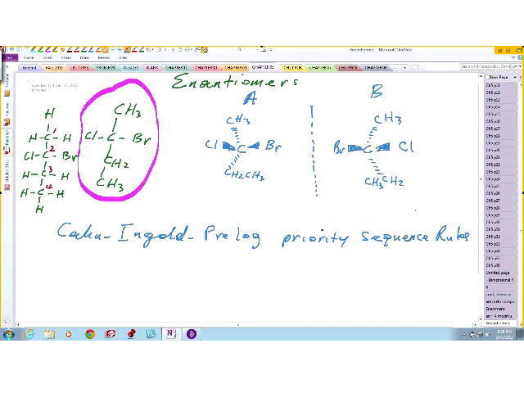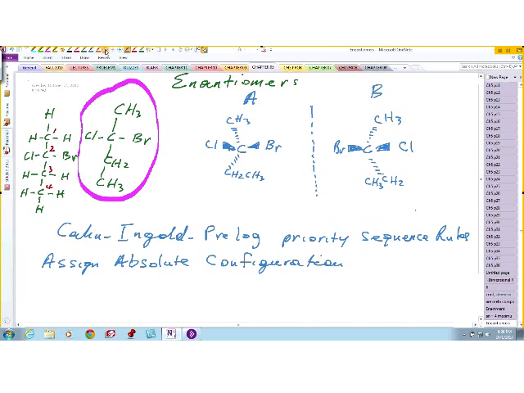And what does that mean? In the Cahn-Ingold-Prelog priority sequence, what we start with, we are going to assign absolute configuration to the carbon that is attached to 4 different groups or atoms.